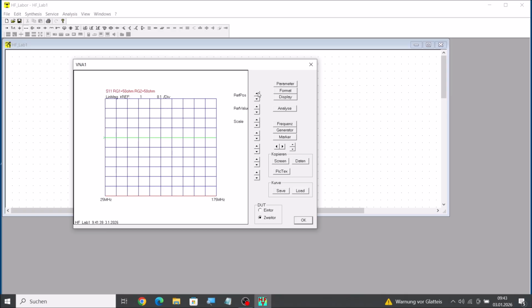And now we change the reference position. So the reference position is here now, it's 1. And we can now use the marker again to find the value at 100 megahertz.